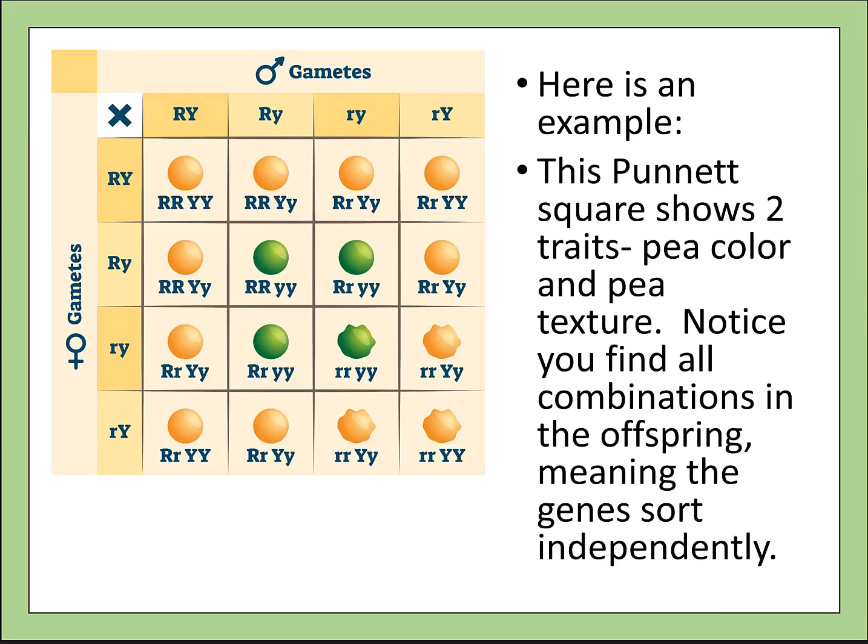Pea color, which can be yellow or green, and pea texture, round or wrinkled. Notice that you find all combinations in the offspring, meaning that the genes are sorting independently. They're not green and wrinkled every time, or yellow and round, meaning that those genes are not traveling together, but they are sorting themselves independently into the reproductive cells or gametes.